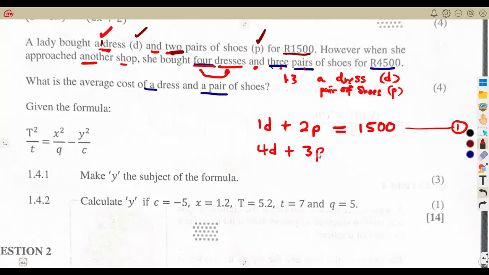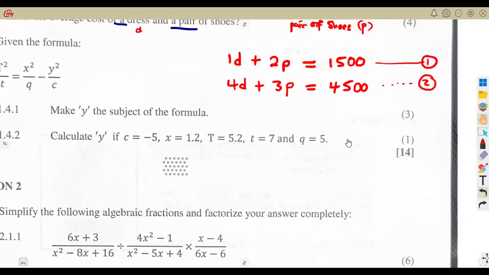That's 3P, for 4,500. We have formed an equation from there. I'm going to call it equation 2. And what type of equation are we given? Simultaneous. So by solving for D and solving for P, we are finding the average cost for a dress and the average cost for a pair of shoes. So that's it. This is what we have, guys.